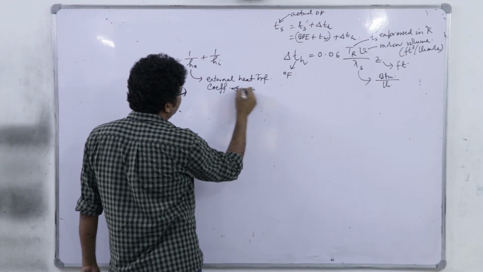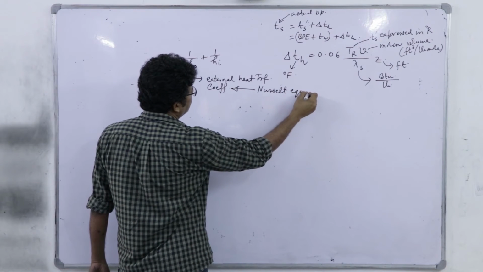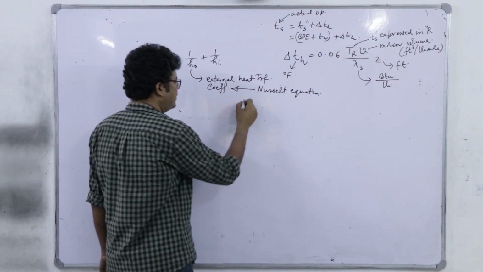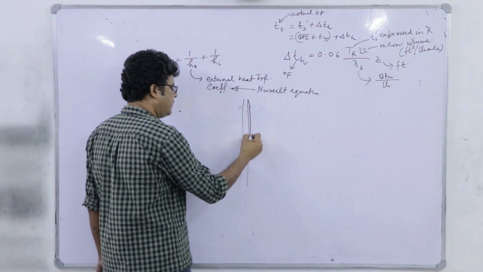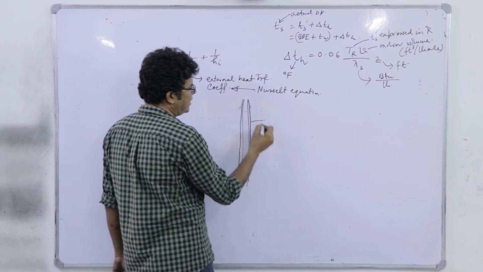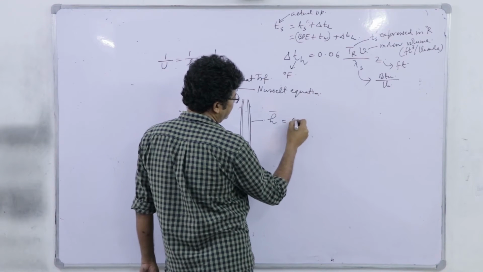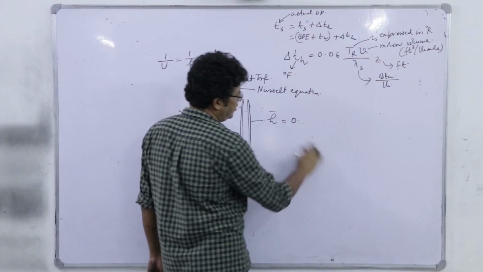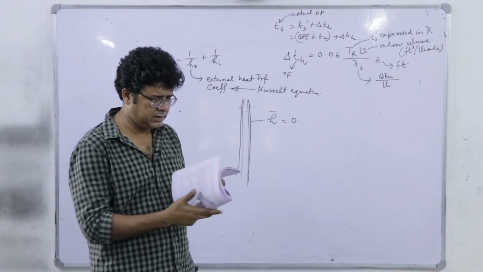We can get it directly from the Nusselt equation, right? Because we have mostly these tubes, and over that this vertical film is being formed. And the Nusselt equation for a vertical pipe, this average 0.728 or how much exactly I don't remember, 0.943.